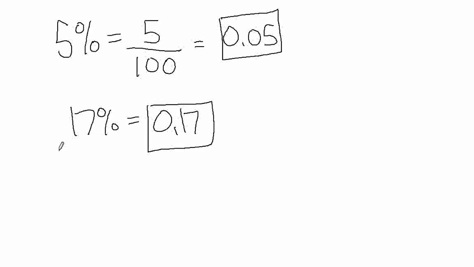What about if we wanted to convert a decimal to a percent? Well, that is the reverse operation, and we simply move the decimal point 2 hops in the opposite direction, so to the right.